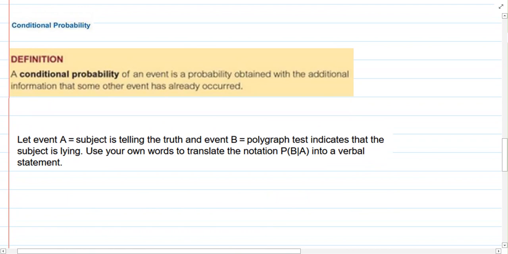Conditional is what I did on the very first example, and that had to do with the probability obtained with the additional information that another event has already occurred.